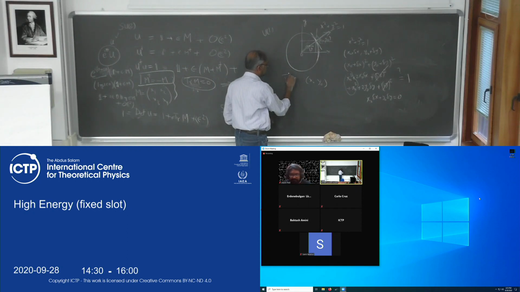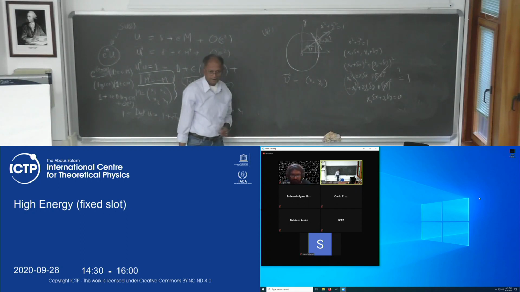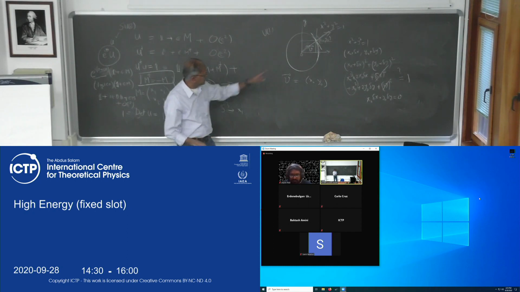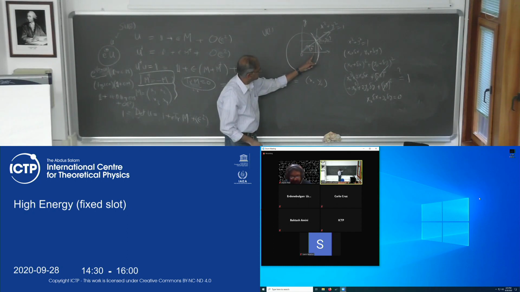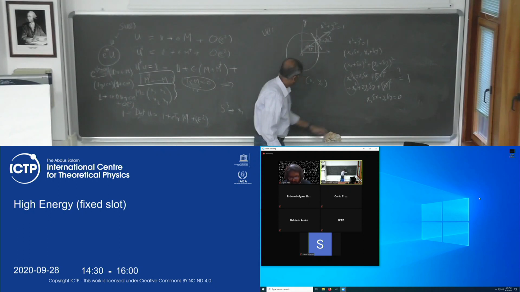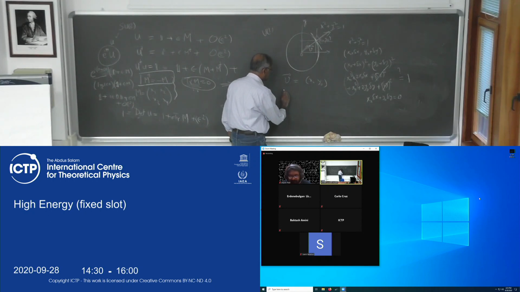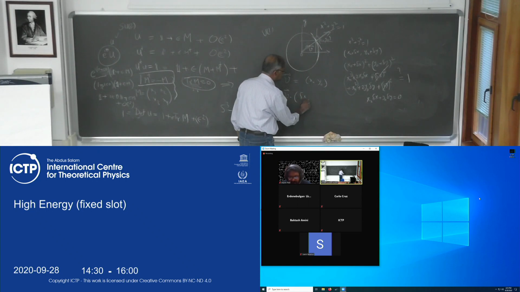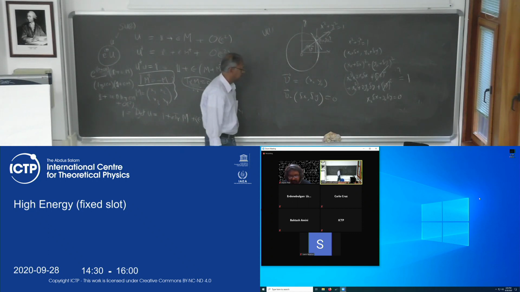So v is this vector, right? The vector v, its x component is x0 and y component is y0 because this point is x0, y0. Now this equation I can write as v dotted with delta x, delta y equal to 0, right?